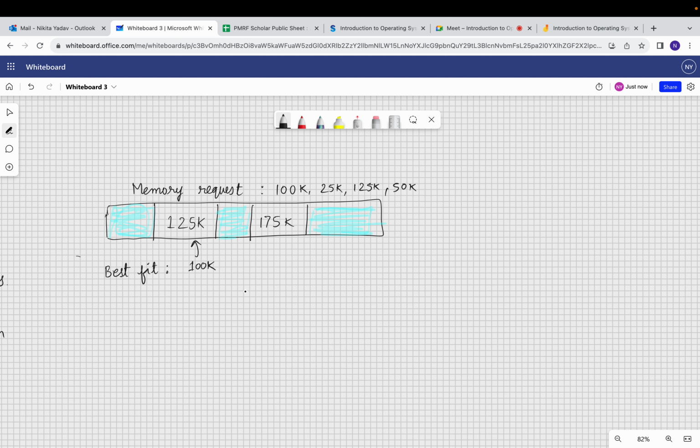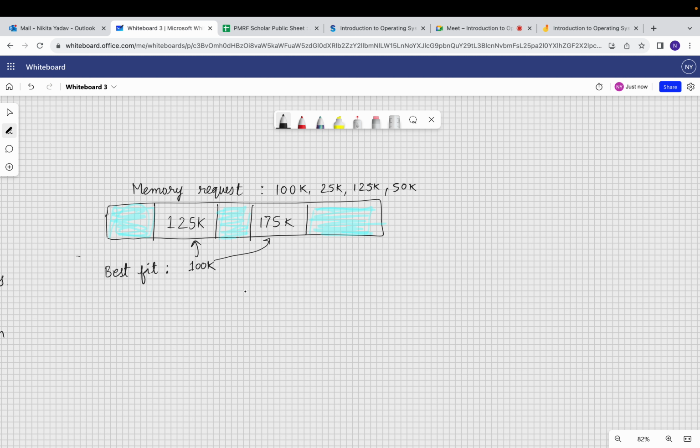This is a possibility, but then you also have to look through all of the free chunks. You cannot stop here. So your possible answer here is 125. Then you look at the second one, 175. 175 is also greater than 100 kilobytes, so you can allocate there too, but the earlier option, 125 kilobytes, is better because it is smaller than 175 kilobytes.